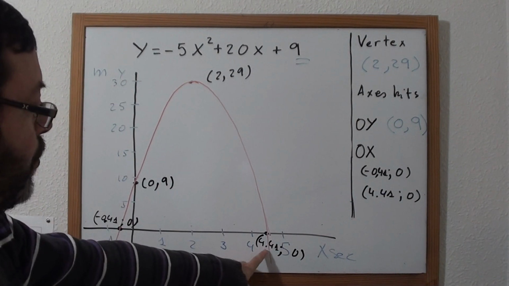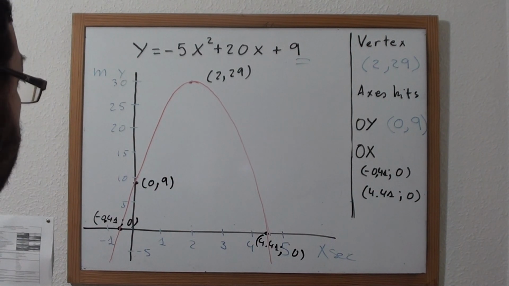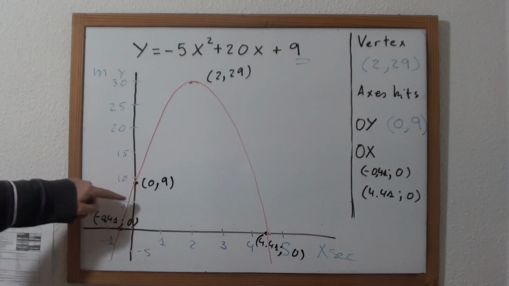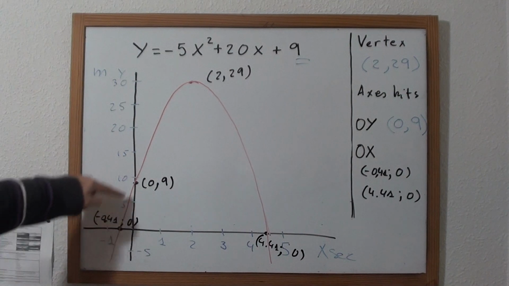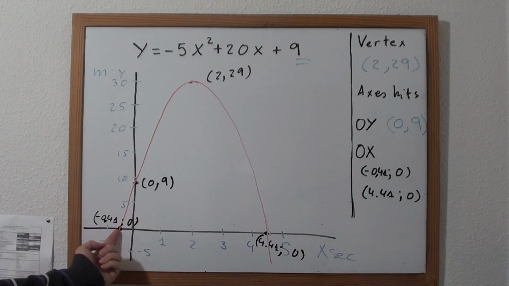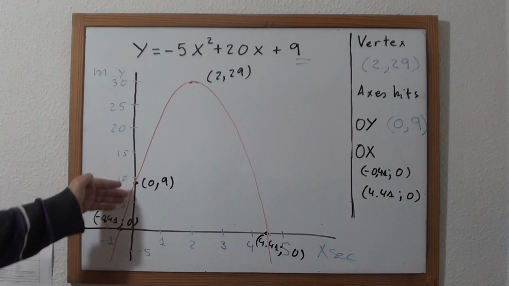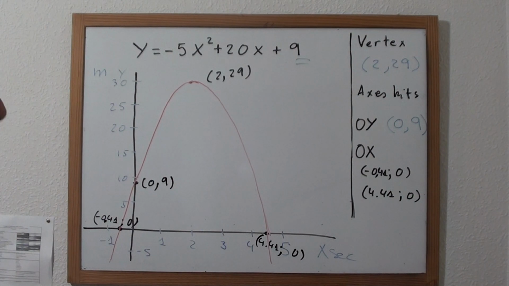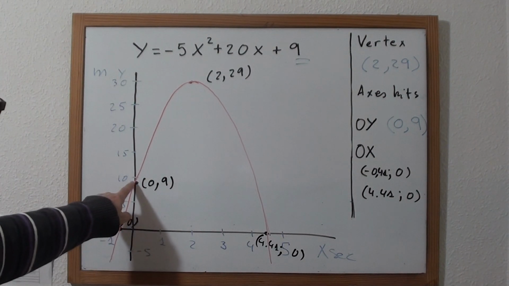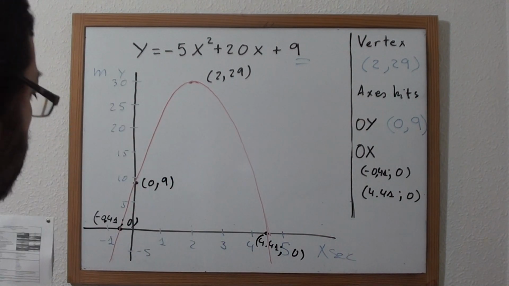Here is the answer, 4.41 seconds. This part of the graph has no real physical meaning in this problem, but mathematically it exists. The real meaning starts here when we shoot the bullet.